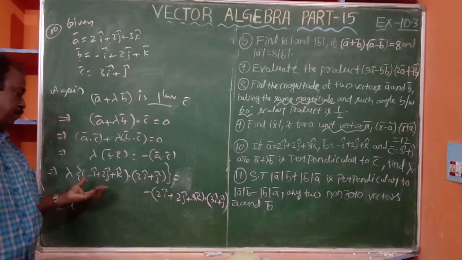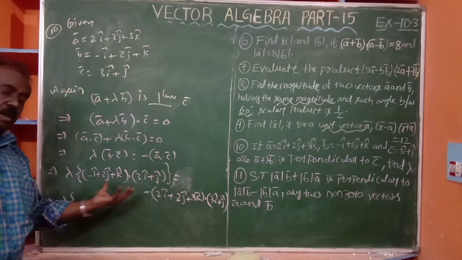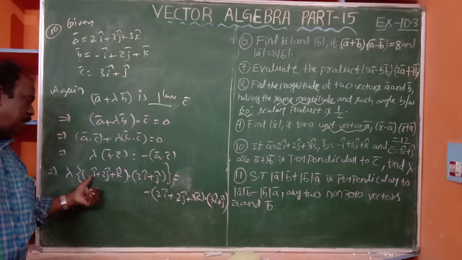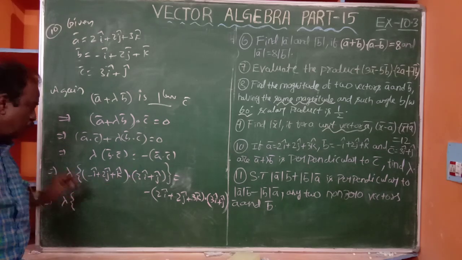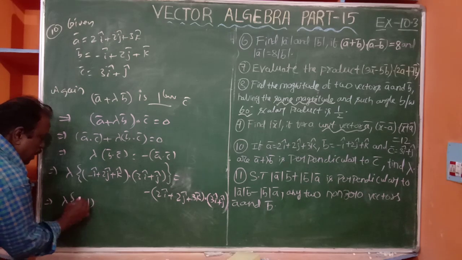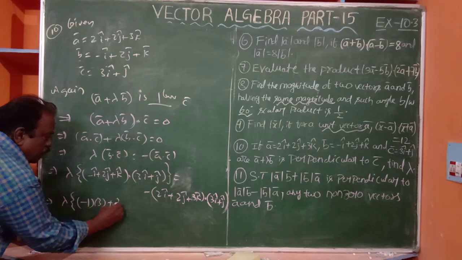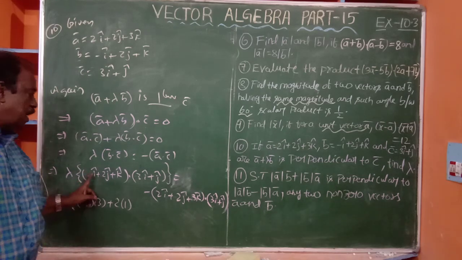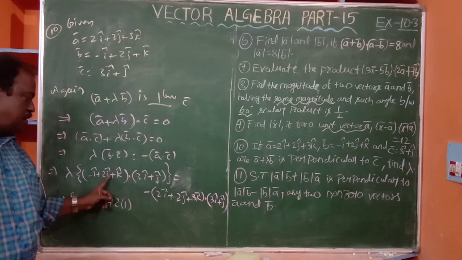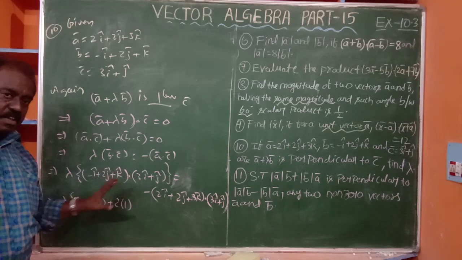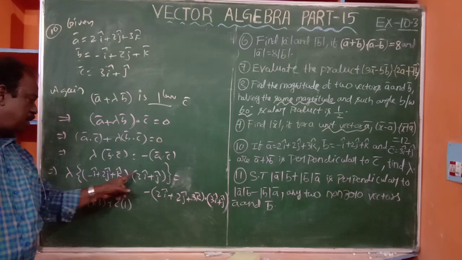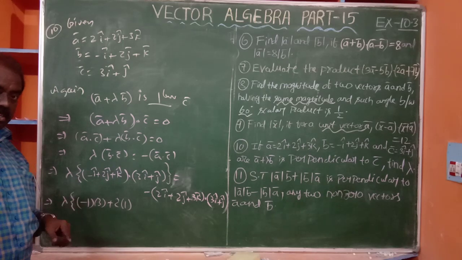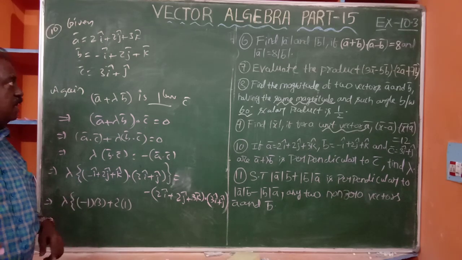The dot product of two vectors in component form: i dot i, 1, minus 1 into 3. A property is given very clearly there. 2 into 1. Then i dot i remains, j dot j, k dot k is nothing there. So minus 1 into 3. A1 B1 plus A2 B2 plus A3 B3. A bar dot B bar is already given.